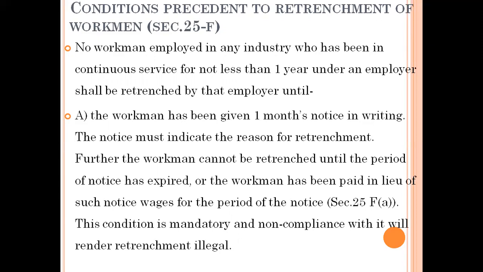It must clearly mention the basis or the reasons for retrenchment. During the 1 month notice period, no employee shall be retrenched. And if the employer wishes to retrench him, the employer is required to provide 1 month wages for the notice period. This condition is mandatory, and non-compliance of this condition will treat the retrenchment as illegal.